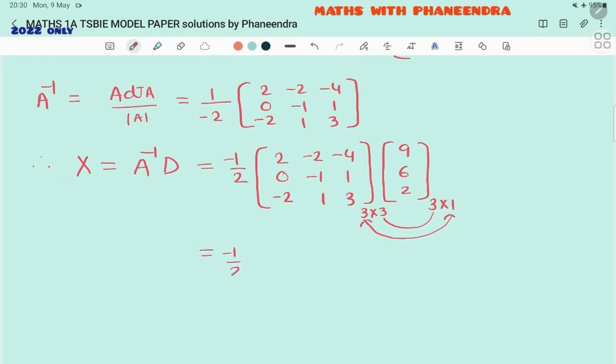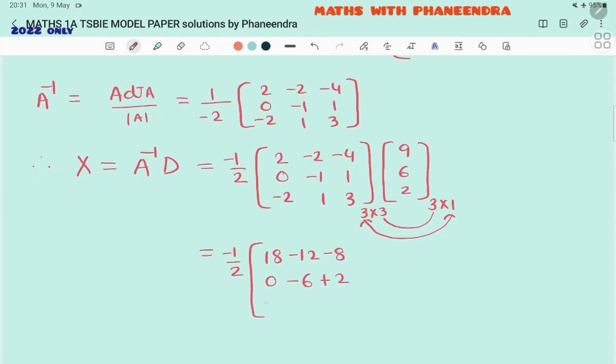So minus 1 by 2 into, so actual multiplication. First row, first column. So like this only. So 3 by 1 will come, that means 3 rows, 1 column. So 2 into 9, 18. Minus 2 into 6, minus 12. Minus 4 into 2, minus 8. 0 into 9, minus 1 into 6, plus 1 into 2.